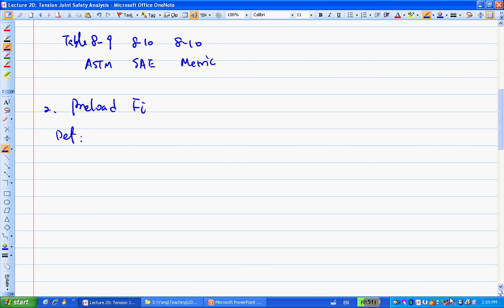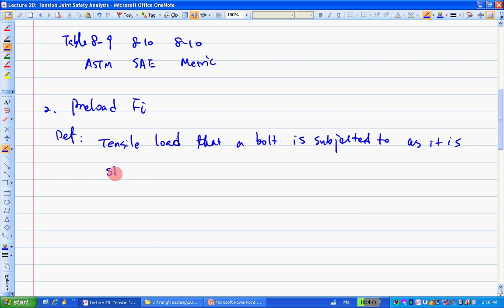Preload is generally a tensile load that the bolt is subjected to as it is stretched by tightening of a nut. Okay, tightening a nut.